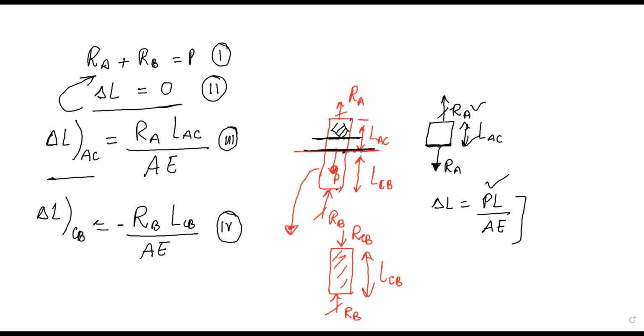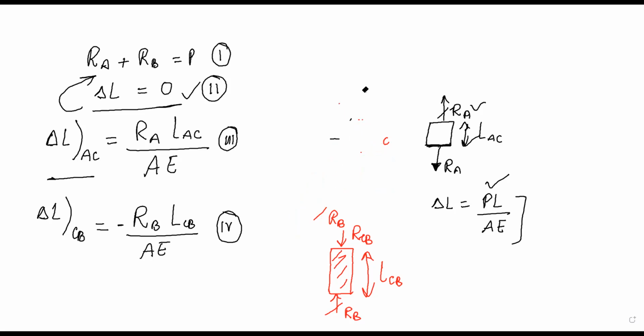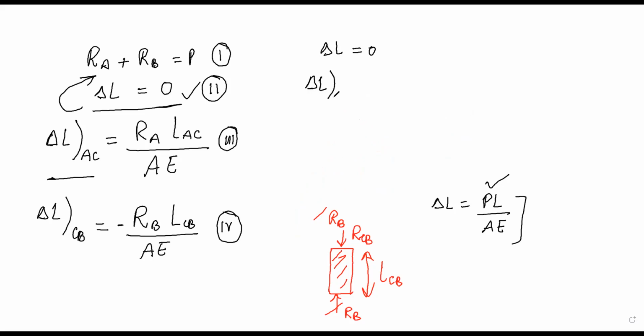But you know how much the total change in length is? The total change in length is 0. So since the total change in length delta L is equal to 0, our delta L is delta LAC plus the change in length in the section CB, equal to 0.